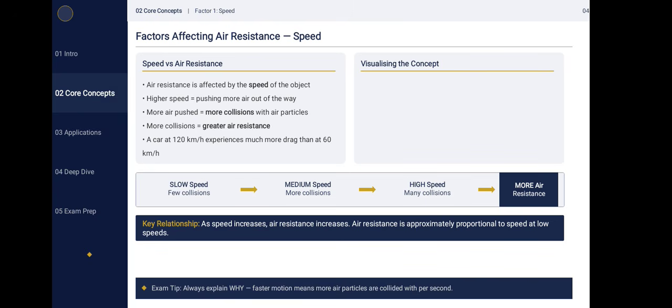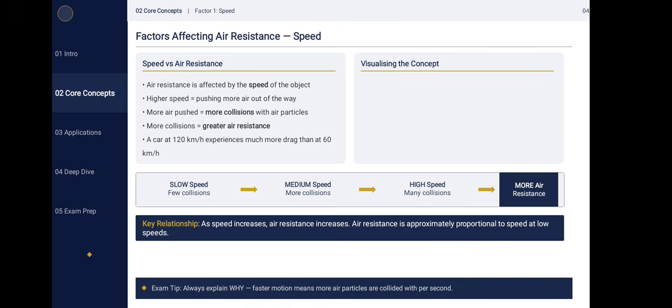Air is the same. An object moving through the air must shove air particles, air molecules, out of its way. So, the faster you move, the harder and more frequently you hit these air molecules.